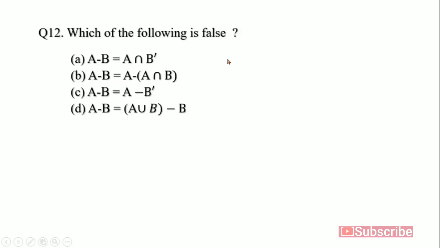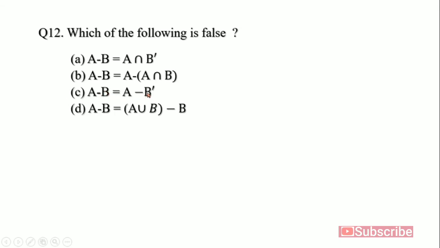Now which of the following is false? A minus B is equal to A intersection B complement; A minus A intersection B; A minus B complement; A minus B; A union B minus B. So by observing, we can say that A minus B is equal to A minus B. Is it the same?